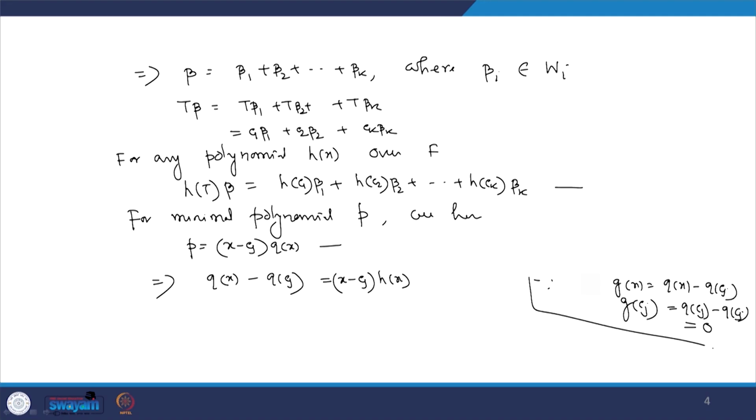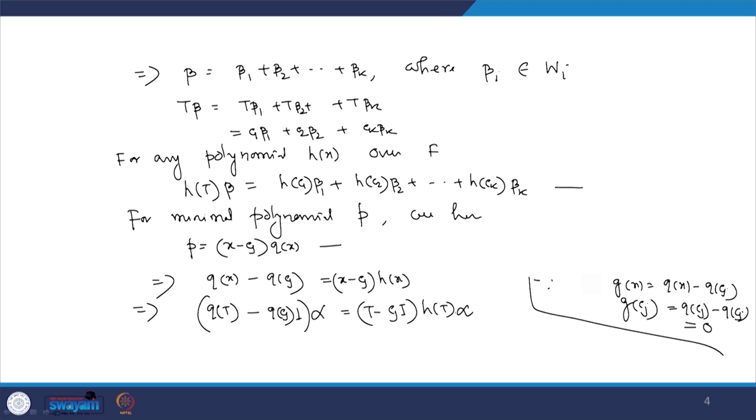So, that is why I am saying that G has x minus Cj as a factor. So, I can write Qx minus Qcj equal to x minus Cj into Hx form. So, this implies Qt minus Qcj I when operating on alpha will be equal to T minus Cj I Ht operating on alpha.